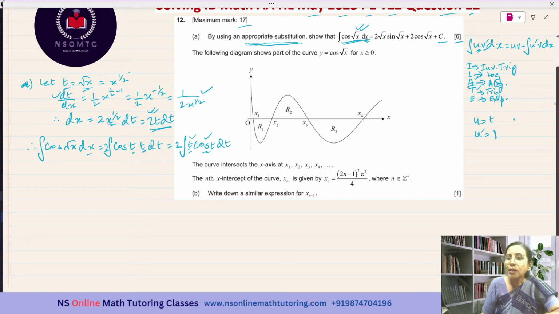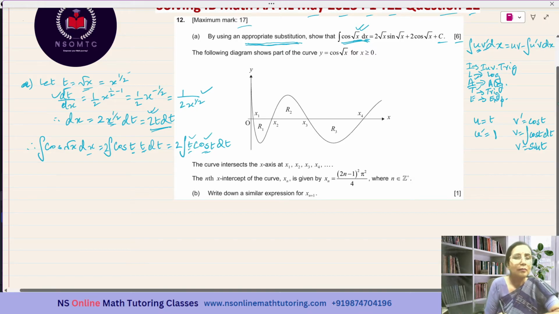And what is V dash? V dash is cos T. So therefore, V will be equal to integral of cos T with respect to T, which is equal to sin T. I will not be writing the plus C over here, okay?